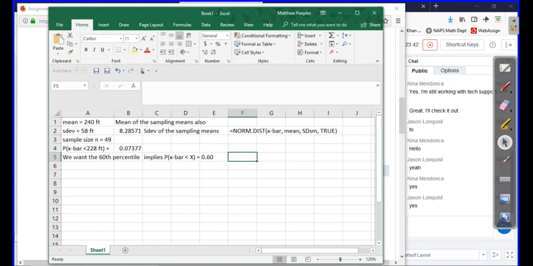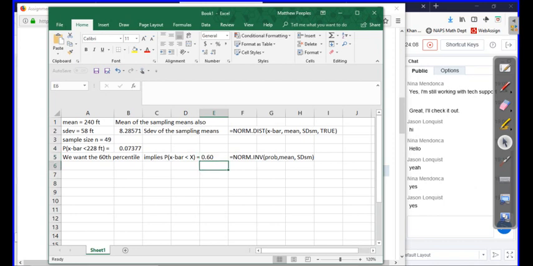Goes like this. We put in norm.inv, to say normal inverse. And in this function, we're going to put in our probability, the one that we know, and we're going to put in our mean, and our standard deviation of the sample means.